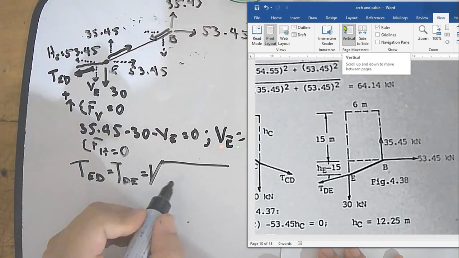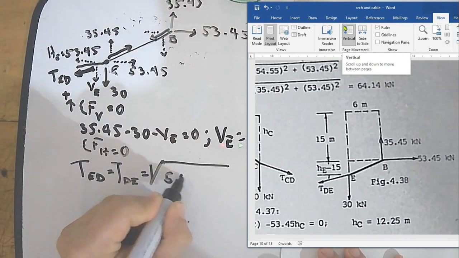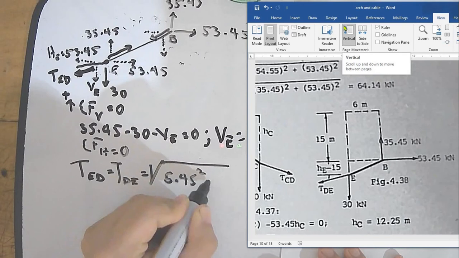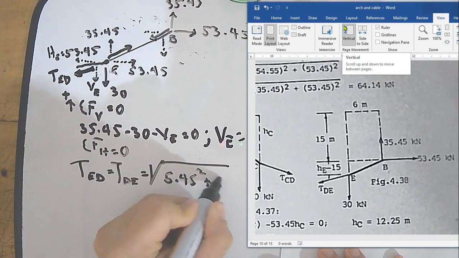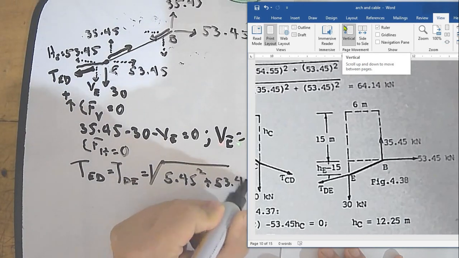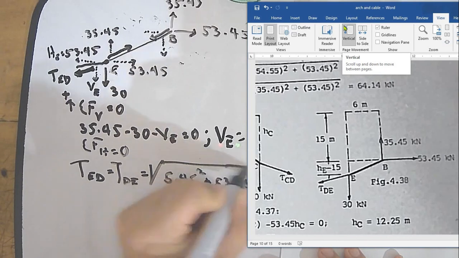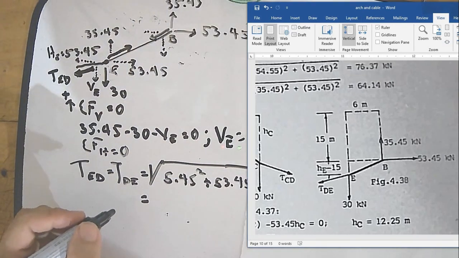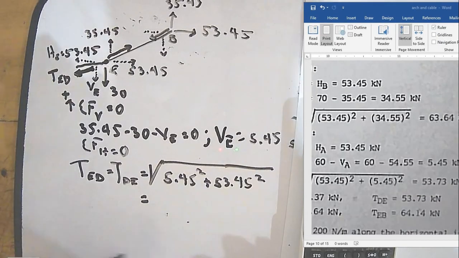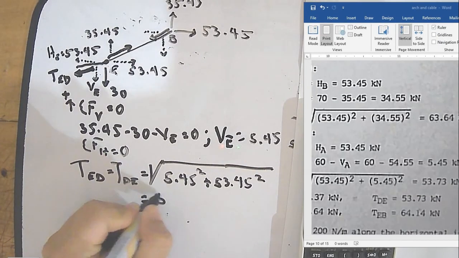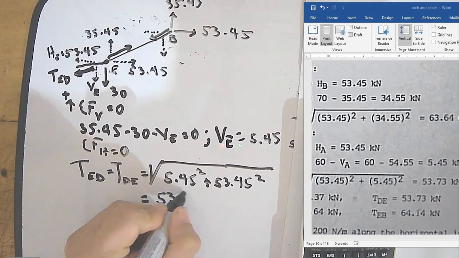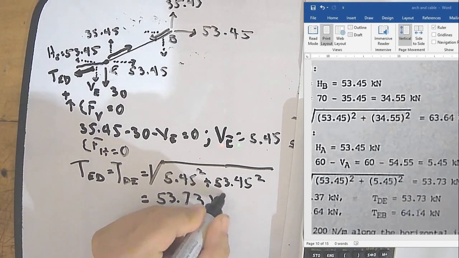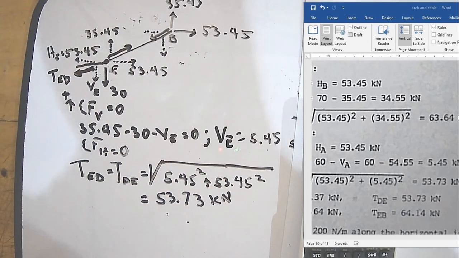So, 5.45 squared plus 53.45 squared is equal to 53.73 kilonewtons. Okay?